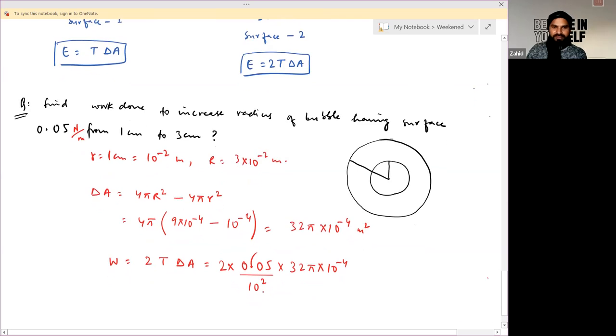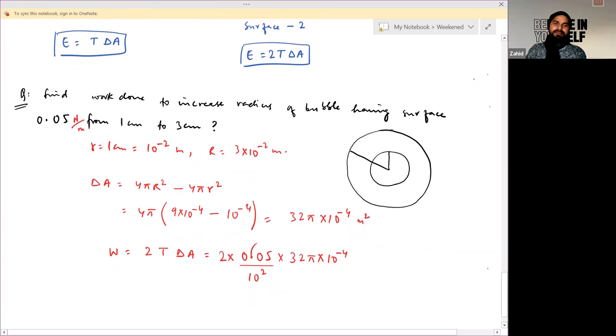On simplifying further, 2 into 5 is 10, into 32, so these two terms cancel out one power. So you're left with 32 pi into 10^-5 joule equals net work done.